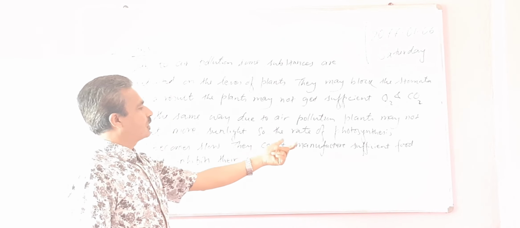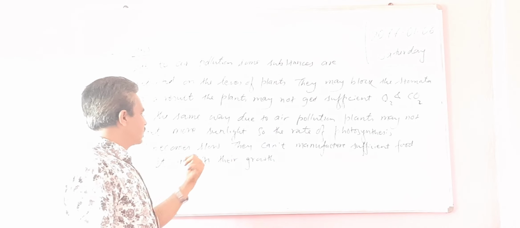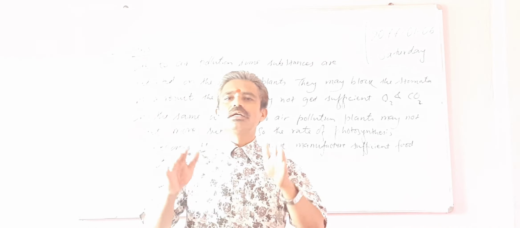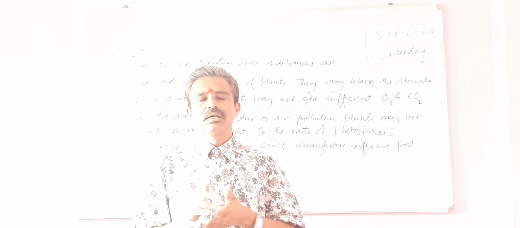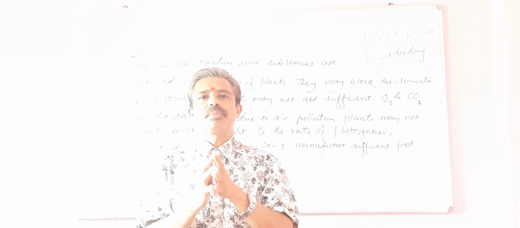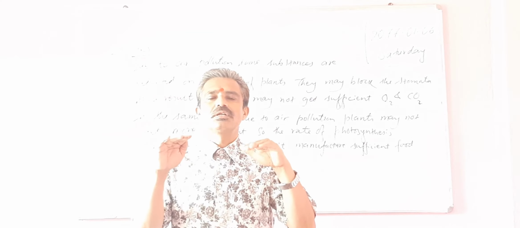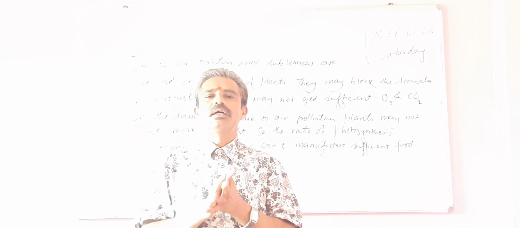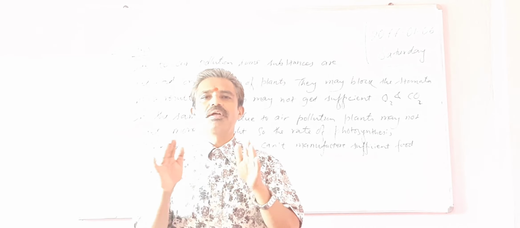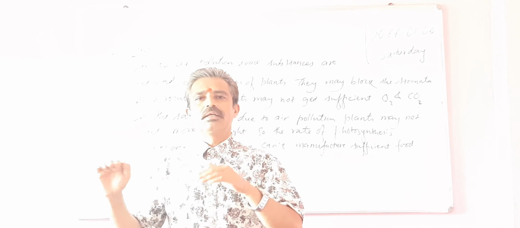They cannot manufacture sufficient food. It inhibits their growth. So, if no more food is produced, then the plants, different parts, do not grow well and their growth is blocked. Or they grow very slowly, not in normal way.